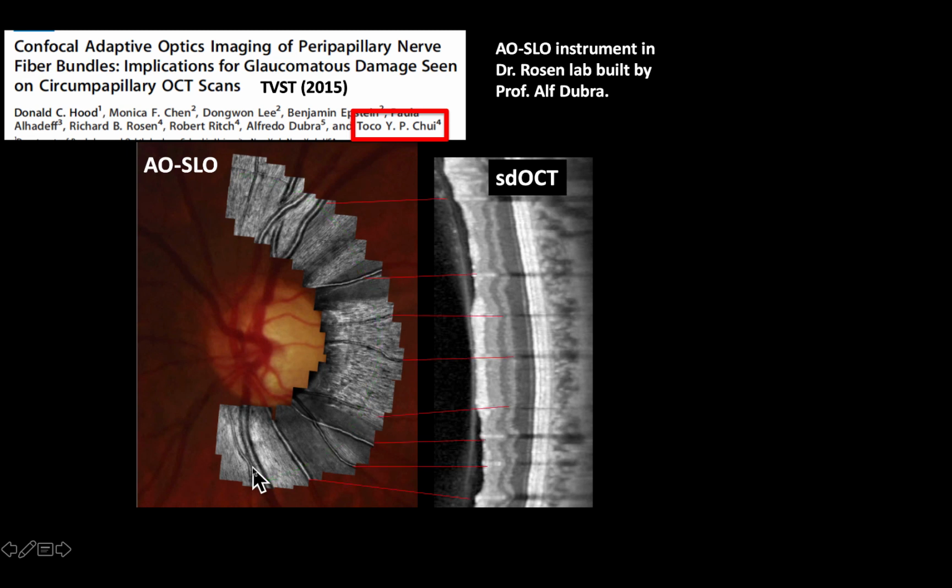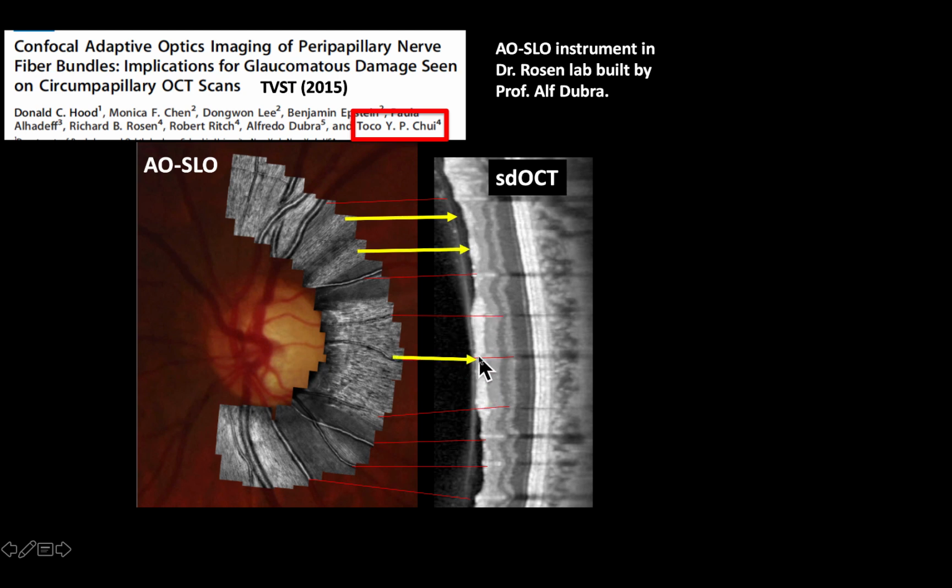So we can line this up now. Here are the blood vessels, and here are the shadows associated with those blood vessels on the OCT. So we know where we are. So I want you to notice, wherever there are remaining bundles, there's remaining tissue.